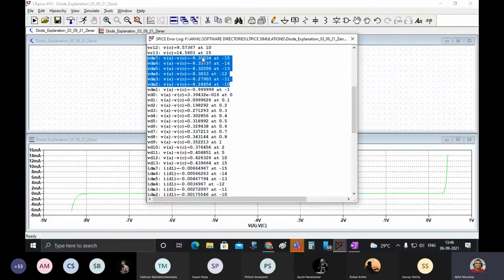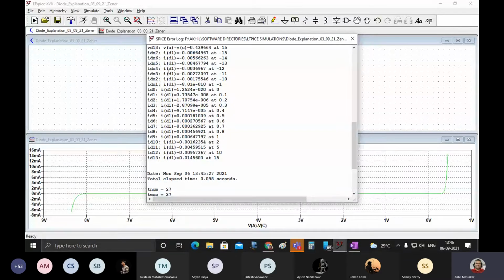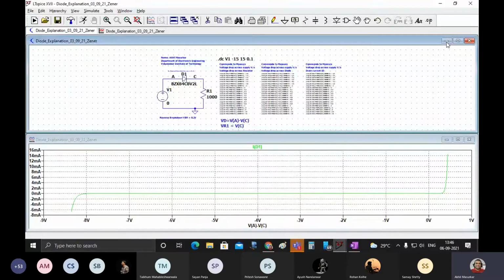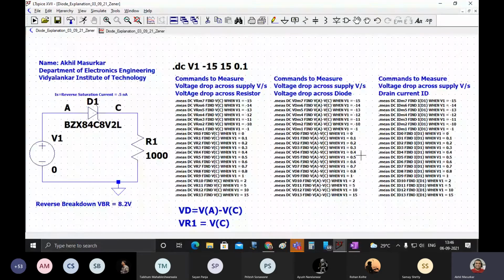Now I want you to show me all this, that is VC, then VA minus VC, which is VD, and then ID, the screenshot of that after putting these commands. I hope you are able to see these commands. Can you see these commands now? Just let me know.